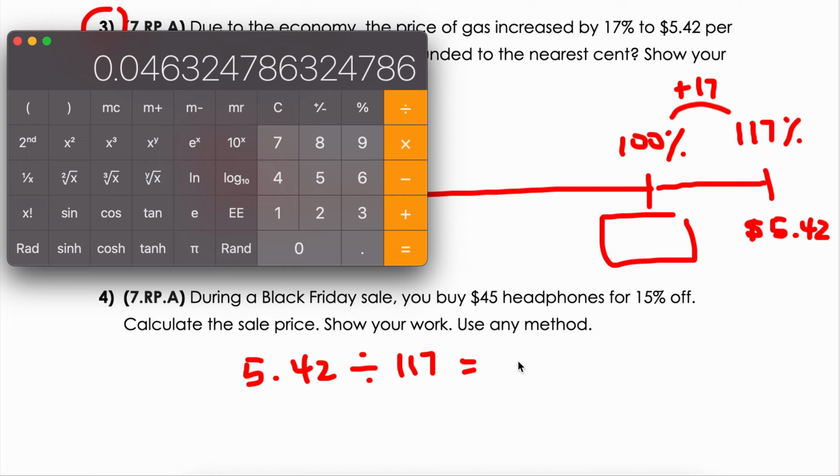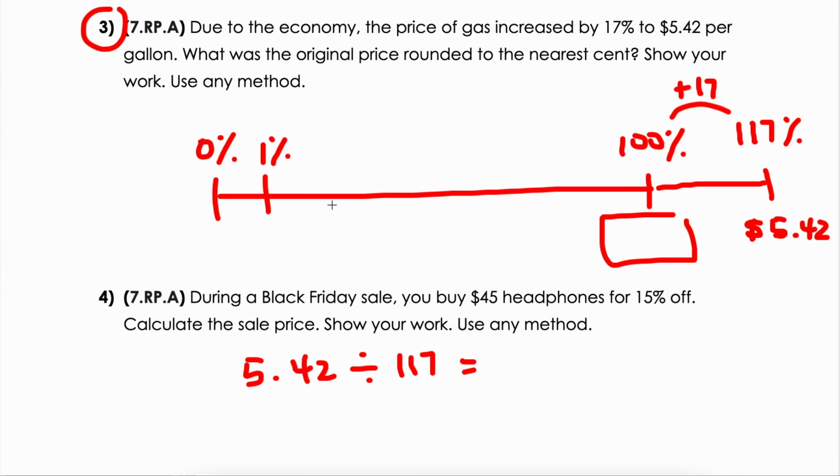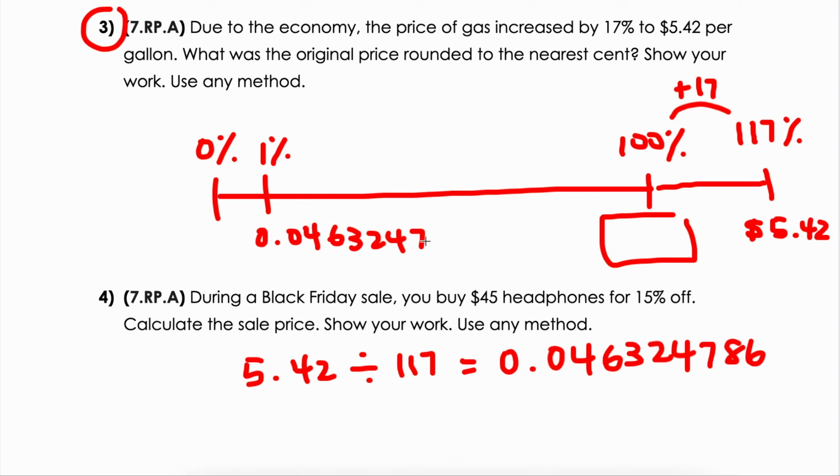Okay? So I'm not going to round until the very end. So I should use in my future calculations 0.046324786. As much as I can write down. If that is my 1%, in order to get to 100%, I need to take my 1% and multiply by 100.